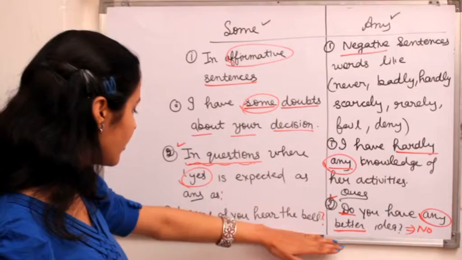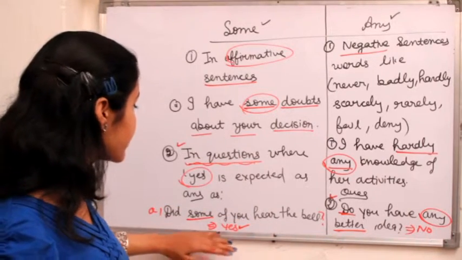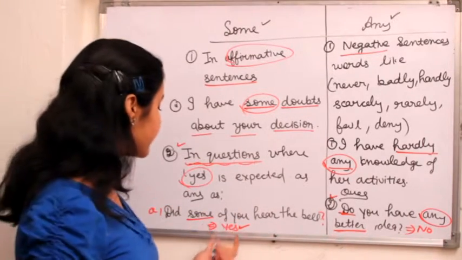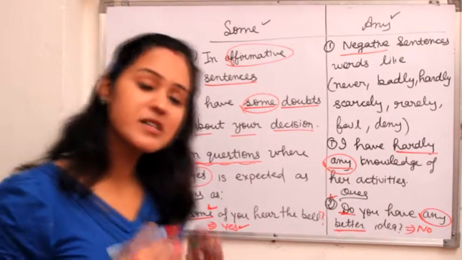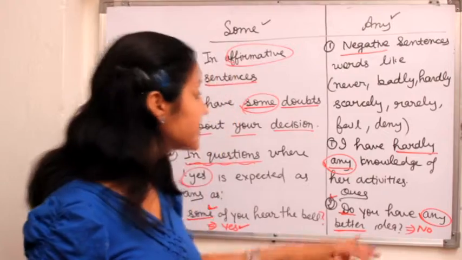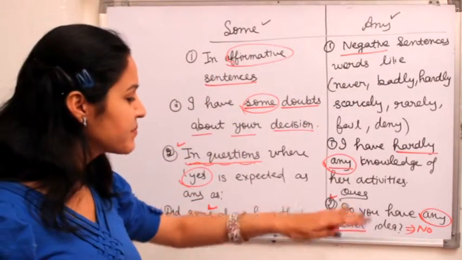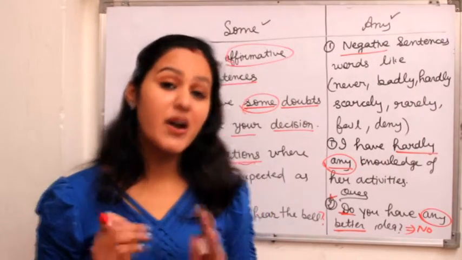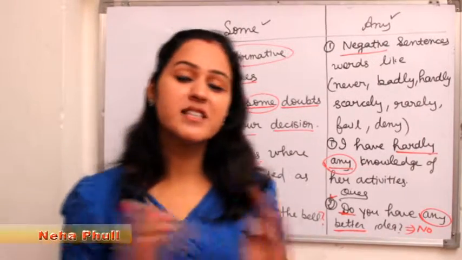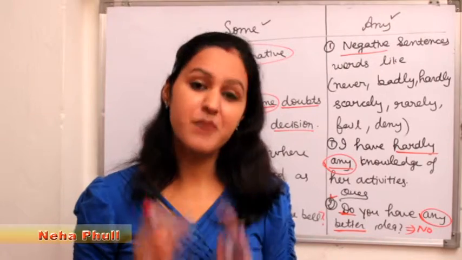And look here, I write some questions. In some its reply is in positive manner, and in any its reply is in negative manner. So I hope you understand all these terms very perfectly.